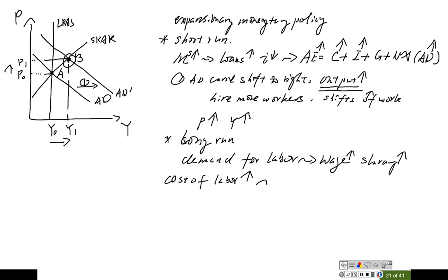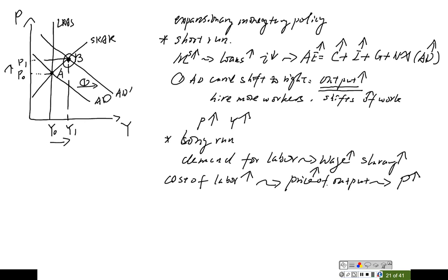In order to cover the higher cost, the firm has to increase the price of the output they sell to keep the same level of profit. If every firm does this in the whole society, the average price level is up.